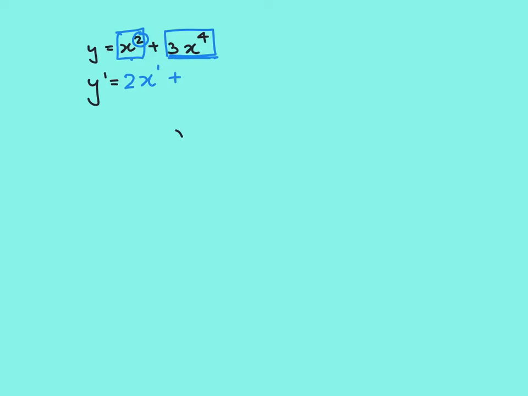As you have seen before, you write down 3, you copy the constant, then times the power, which is 4, and then times x, and this power is going to be decreased by 1, so 4 take away 1 is going to be equal to 3. And if you want to simplify, you can go 2x plus 12x to the power of 3.